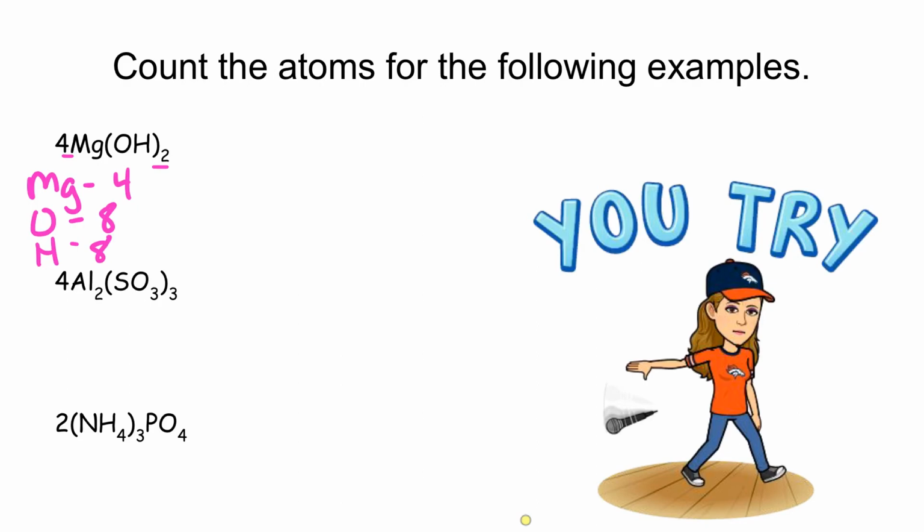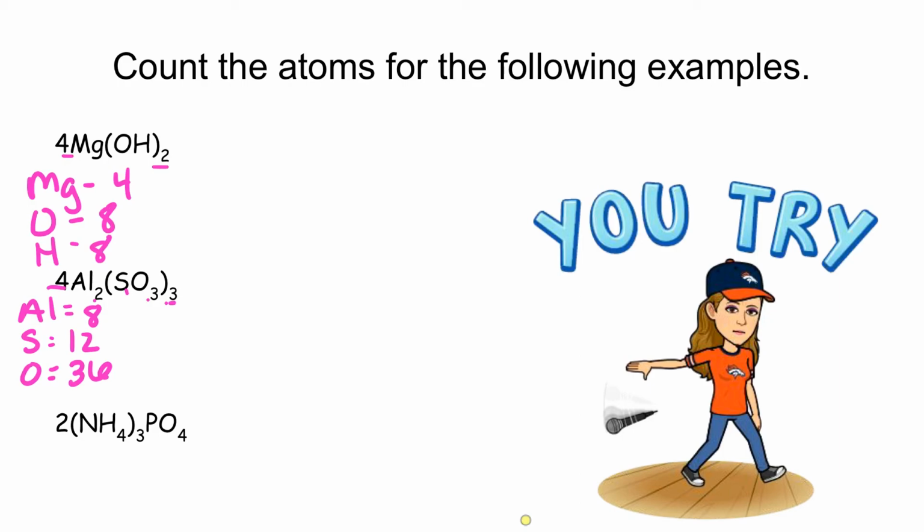In our next example, we have Al, which there are 2 times 4, which is 8. Then we have sulfur, which is 3 times 1, which is 3, times 4, which is 12. And for oxygen, we have 3 times 3 is 9, times another 4 is 36 total oxygens.